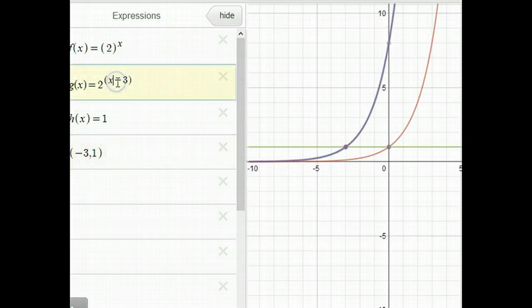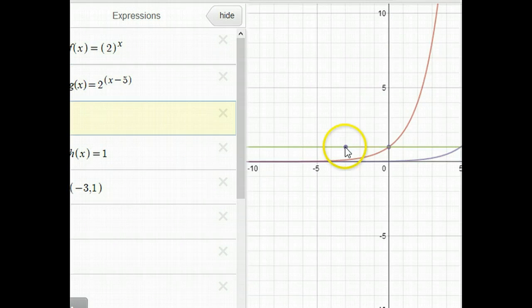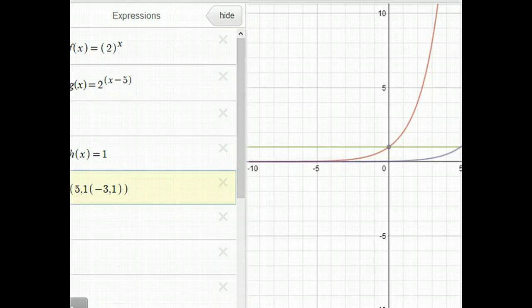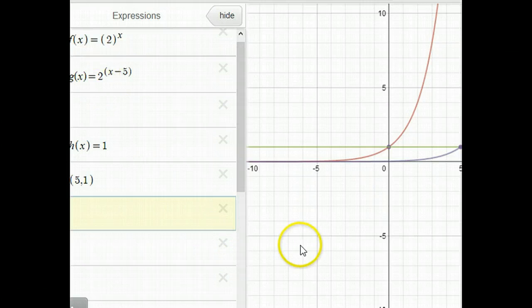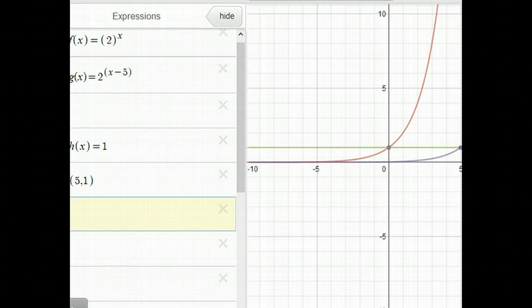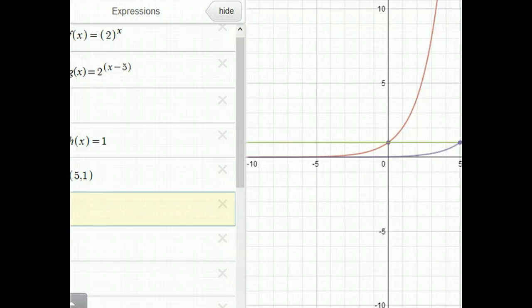If I change this from an x plus 3 to an x minus 5, let's look to see where this point comes. The starting point moved from 0, 1 to, looks like over here, 5, 1. And as you can see, that's where the point moved.